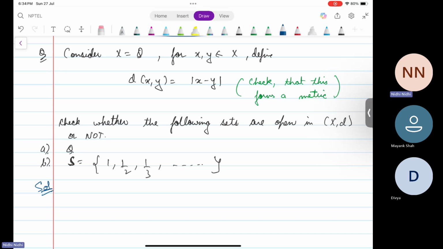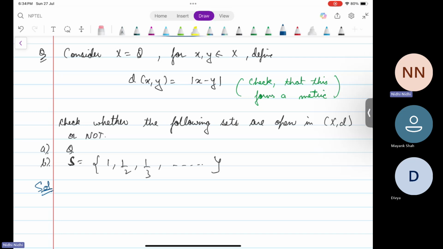Can anyone of you tell me what do we mean by an open set? Just your idea. Ma'am, an open set contains all its interior points, all of its points are interior points. Good.